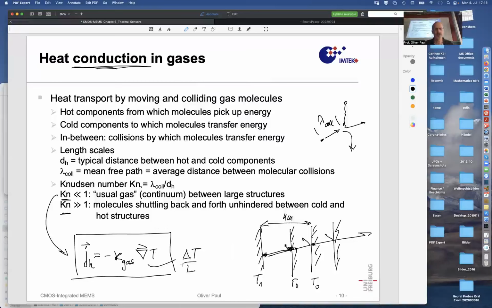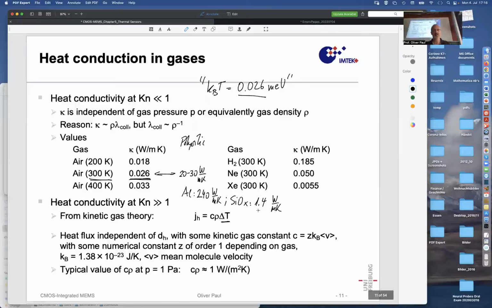So this characteristic length over which the temperature changes by delta T between hot and cold is implemented in this formula. Here there is no length. There is the density, and then there is some gas kinetic constant that involves some numerical factor Z, of the order of 1, 2, 0.5, something like that.